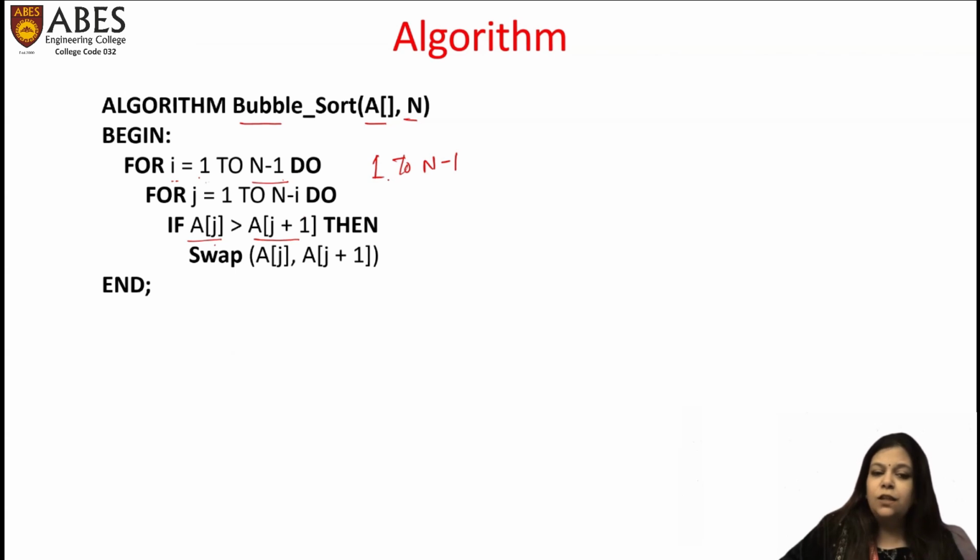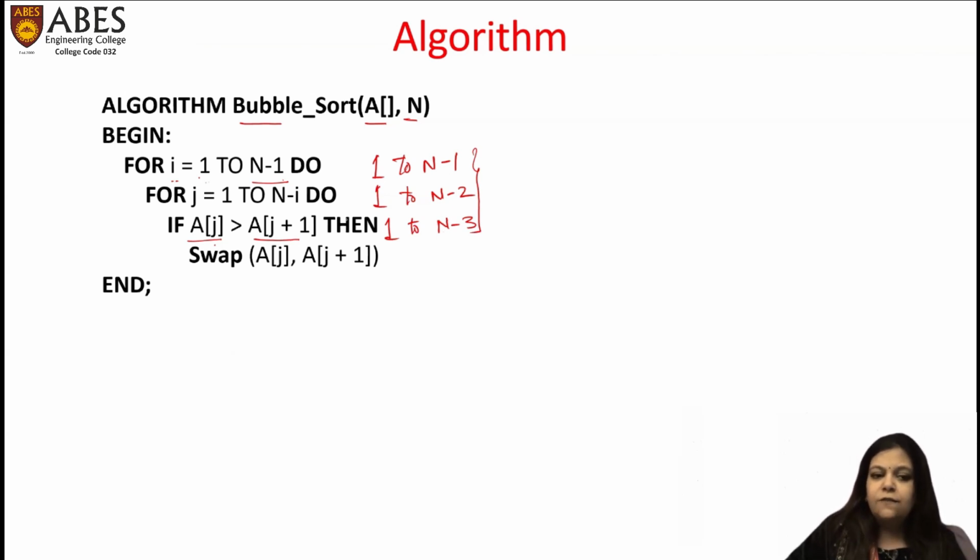In the next iteration, it is not required to compare the last element because it was already fixed. So in the next iteration, we need to compare the elements from 1 to n minus 2. And again, in the next iteration, we will compare the elements from 1 to n minus 3. In this way, the upper bound of the loop is decreasing.